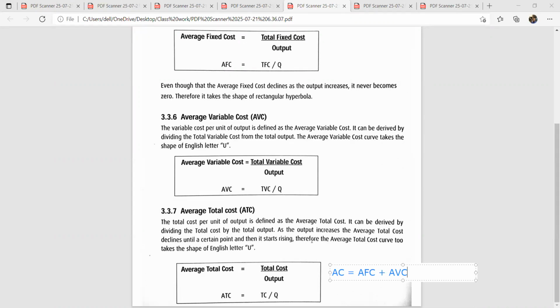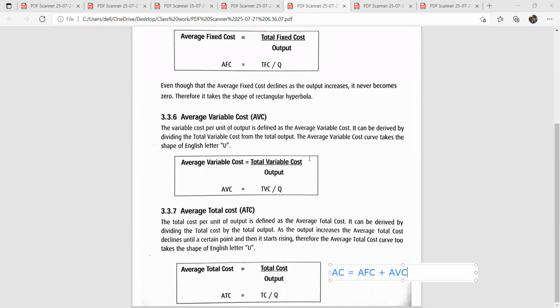It can be derived by dividing total cost by the total output. As the output increases, the average total cost declines until a certain point, and then it starts rising. Therefore, the average total cost curve takes the shape of English letter U.